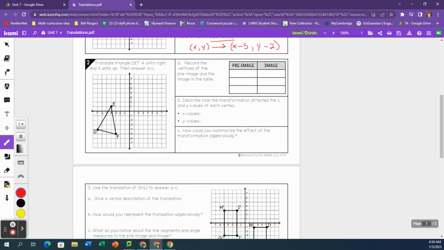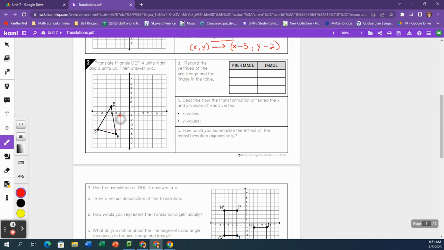Okay, let's move on. So this one, we want to move DEF 4 units right and 3 units up. Okay? So we start D here. 1, 2, 3, 4, and 3 units up. 1, 2, 3.